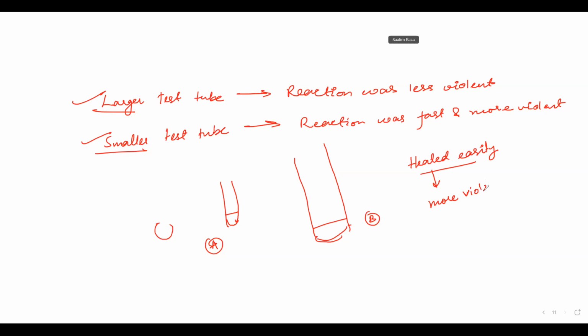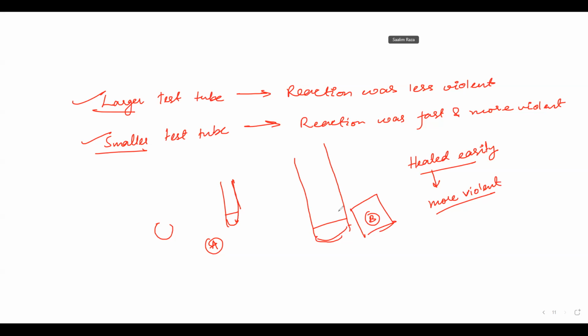Yeah, but here the escaping tendency is also more. What is escaping tendency? Why are you putting the word heat, escaping tendency? The heat can escape easily from the second one. Yeah, in the second one, heat can escape easily.